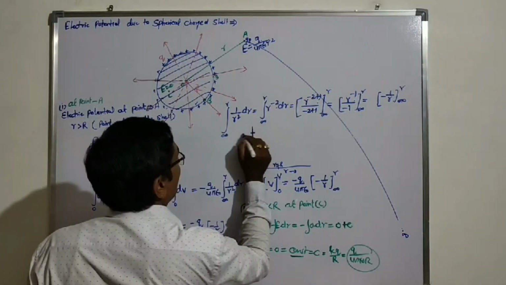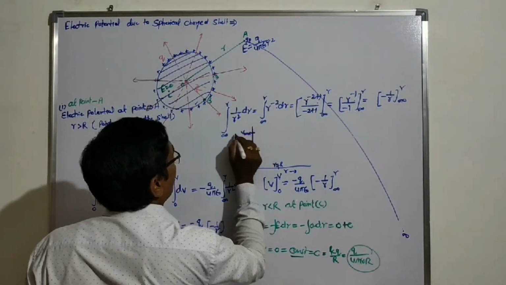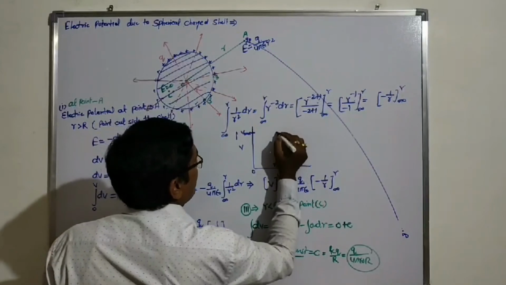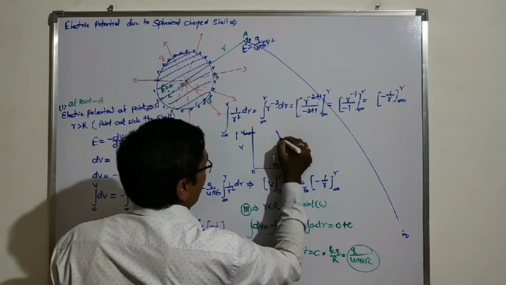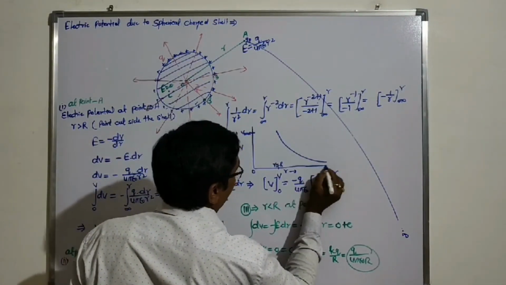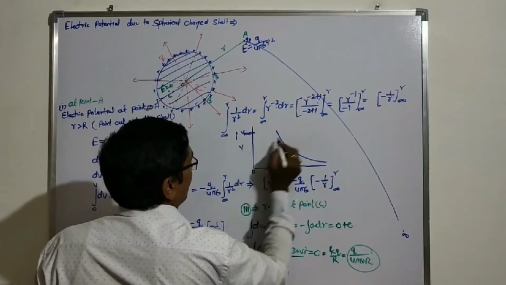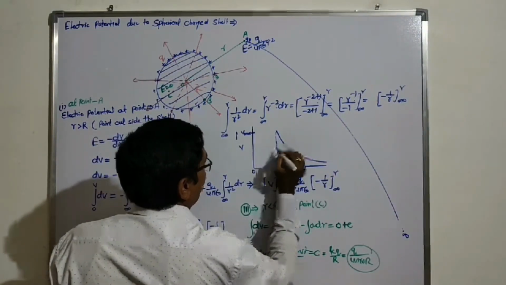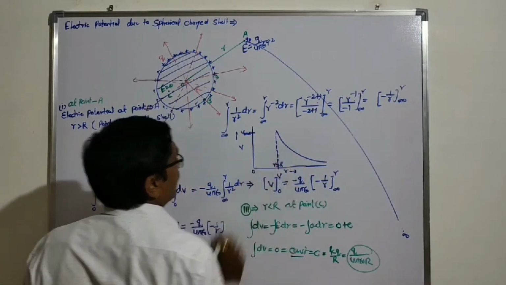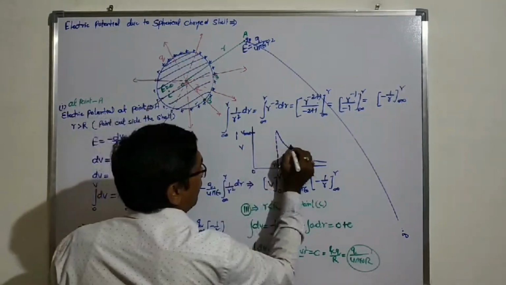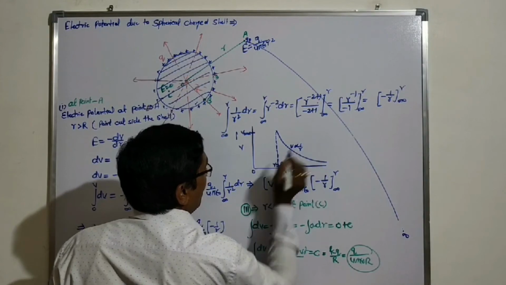Suppose this is V max. Outside, V is inversely proportional to r.